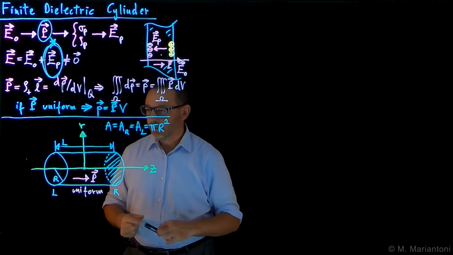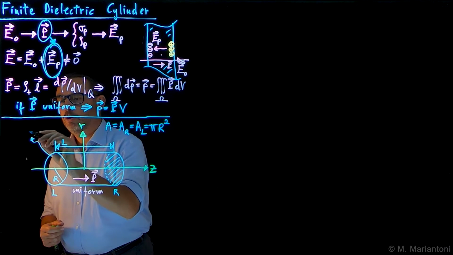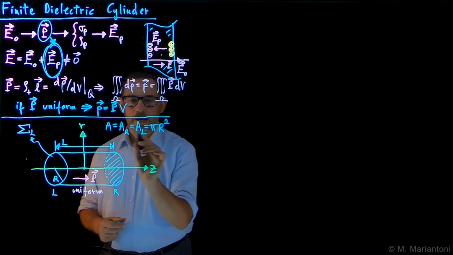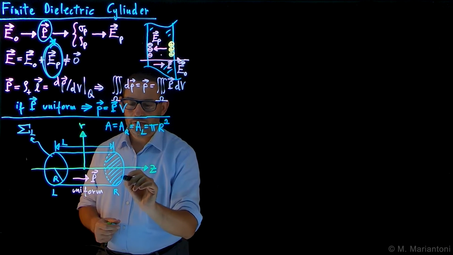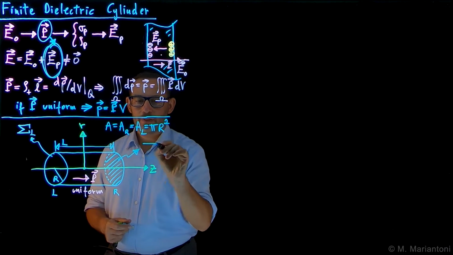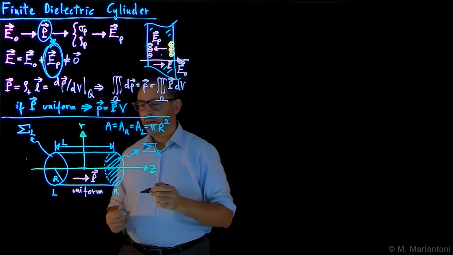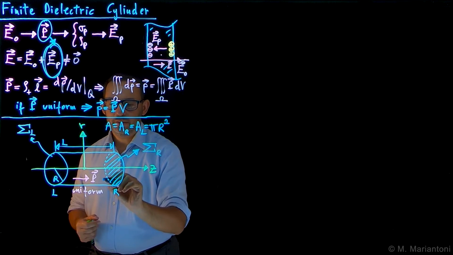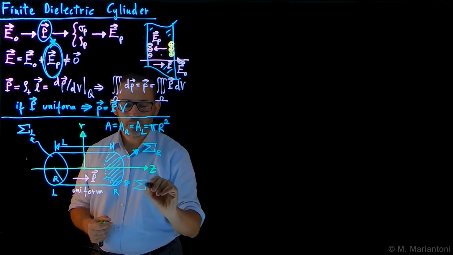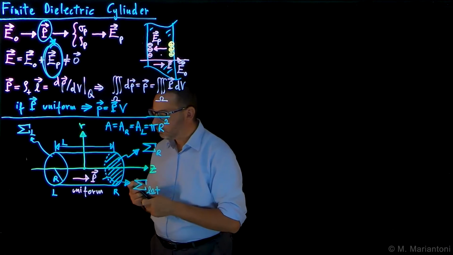The surfaces, of course: this surface here is what we call capital sigma left, with area A left equal to A right, and this other surface is capital sigma right, subscript R. The lateral surface of this cylinder we call capital sigma lateral, LAT. Perfect.